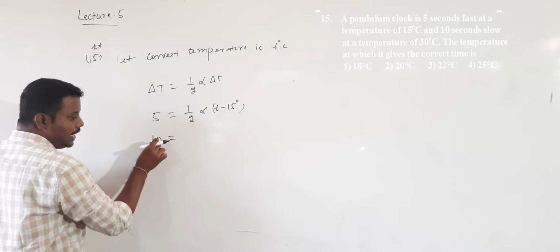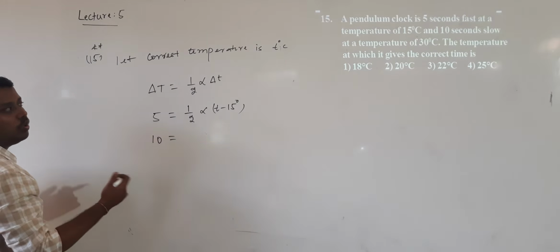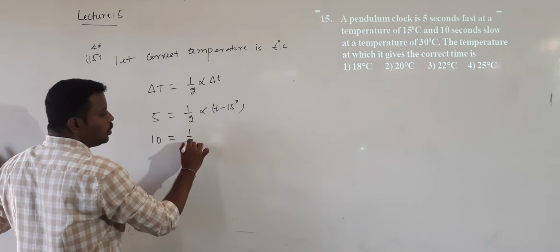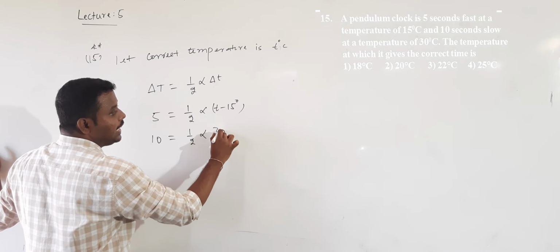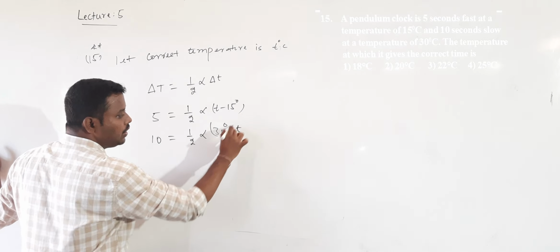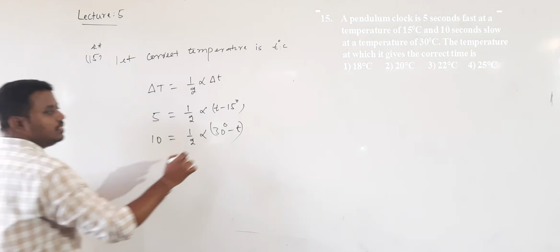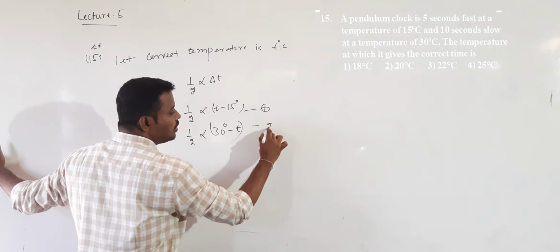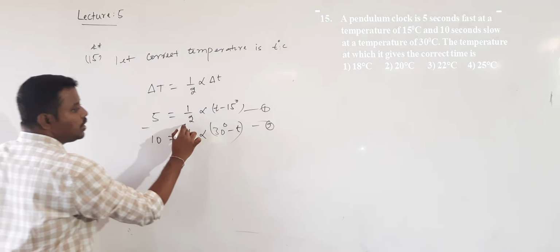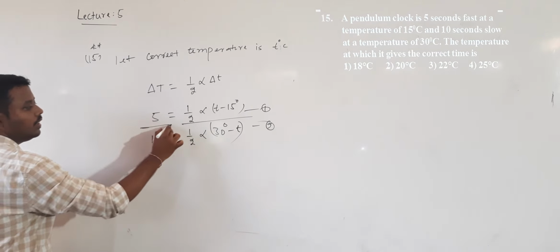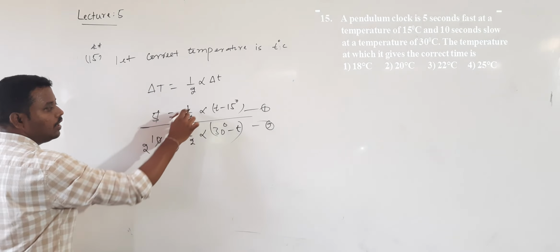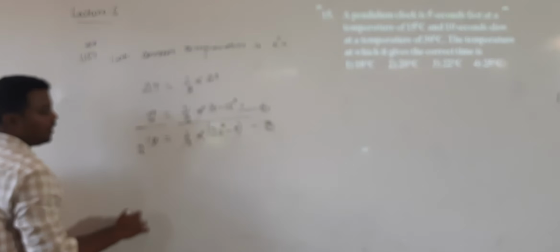Similarly, running 10 seconds slower, that is 1 by 2 into alpha into 30 minus T, since 30 is more than T. This is equation 1 and this is equation 2. Divide these two equations. 5 ones are 5, 5 twos are 10. The 1 by 2 cancels, alpha cancels.